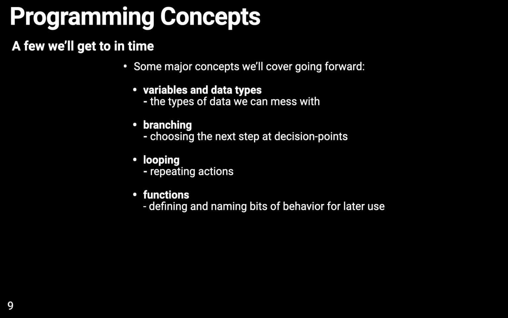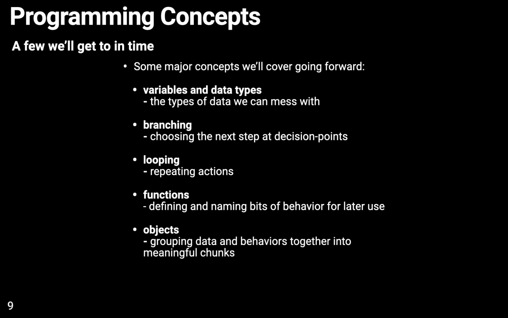One of the core ideas is that you keep bundling things up into more and more useful function calls. Even more like that are objects, the object-oriented concepts, grouping both data and behaviors into meaningful chunks. And lastly, events: reacting to things that happen, like when the user gives input to a page.